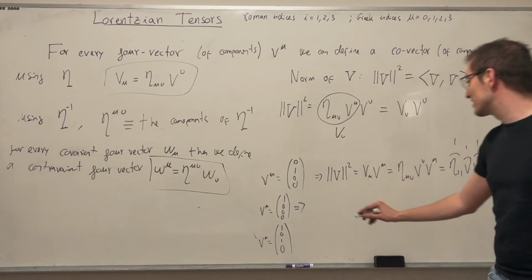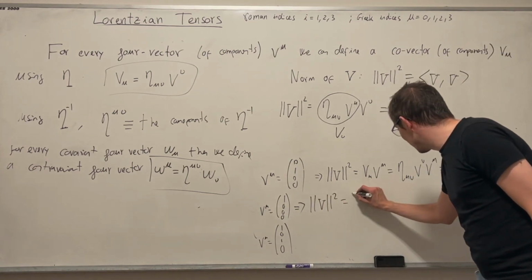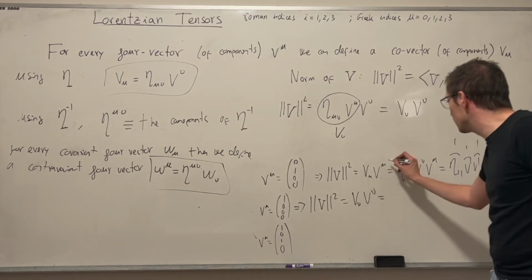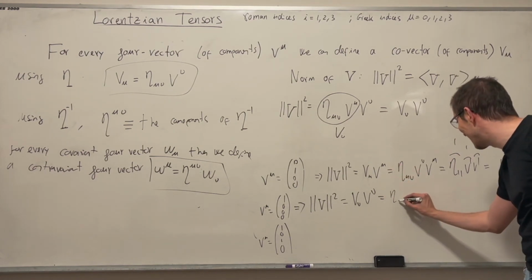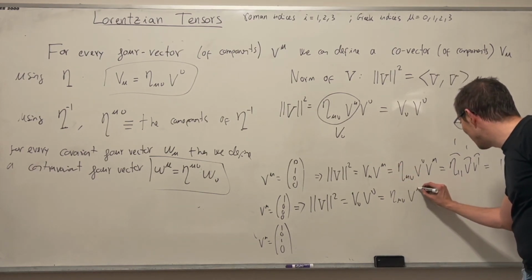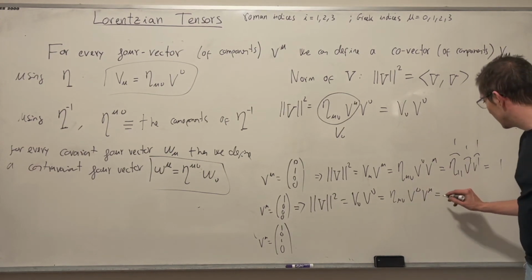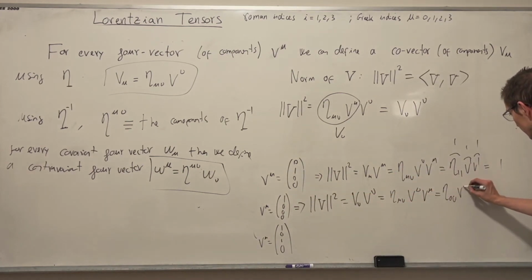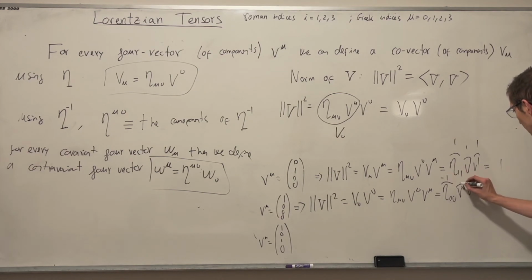How about this one? Well, this one is slightly different because what I get is eta mu nu, v mu, v nu, the same thing as above. It's training you not to be bothered by the index names. Now, in this case, all of them are 0 except for the 0,0 component, eta 0,0, v0, v0, and this thing now is minus 1, 1, and 1.